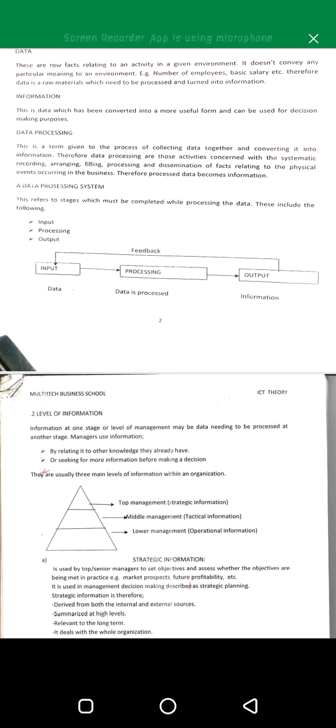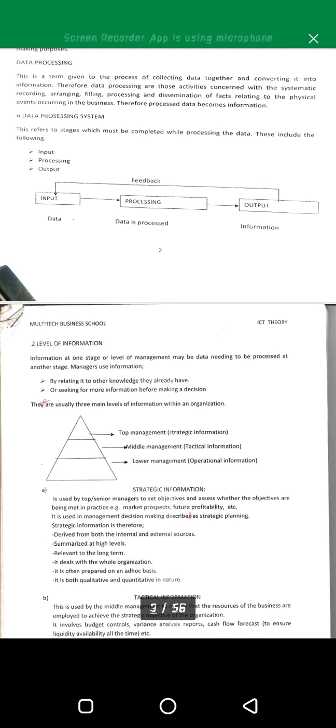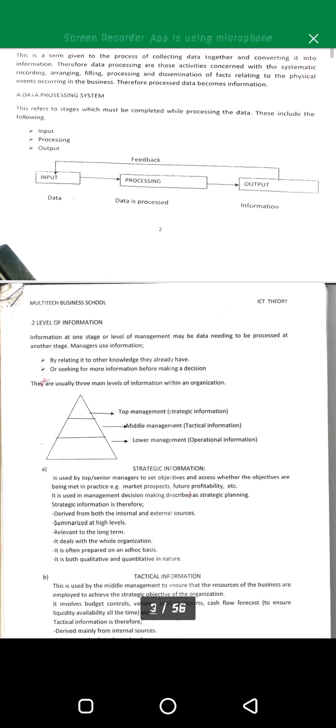And then when everything is successful, when everything is okay, you can always provide feedback to the input stage. So we have a saying in ICT that information output at one stage can be data at a given stage.